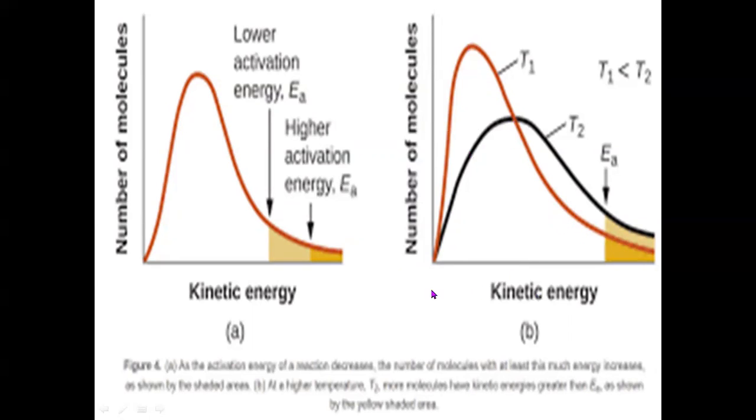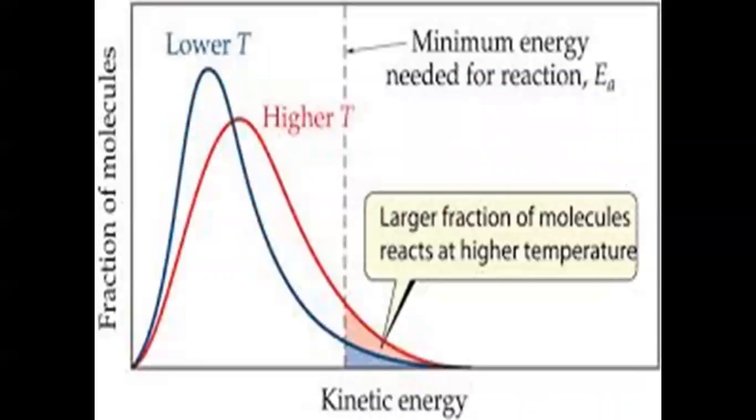So as temperature increases, the graph will become flattened, and more molecules will have higher energy, and more product will form. Therefore, the rate of reaction for a particular reaction will increase with temperature. So this is the effect of temperature, means as the temperature increases, rate of reaction increases.